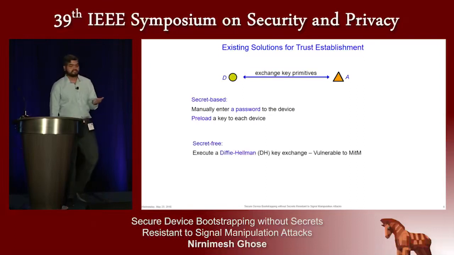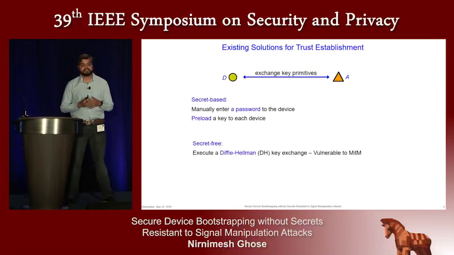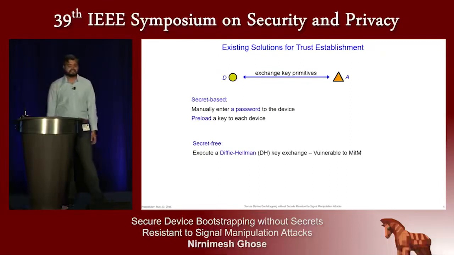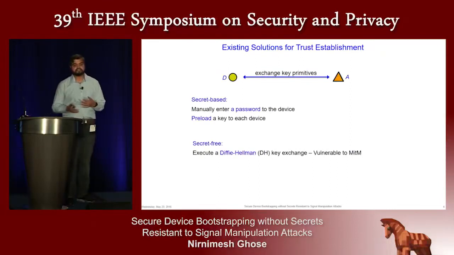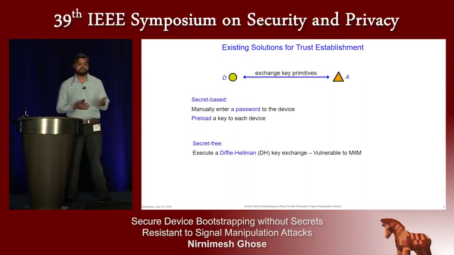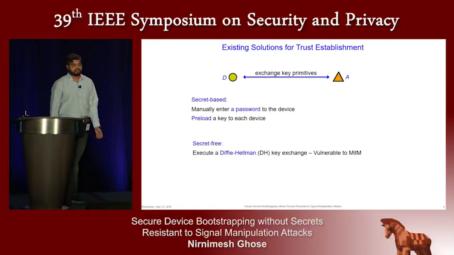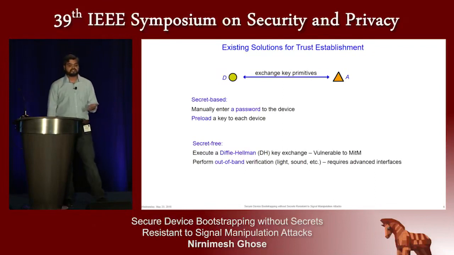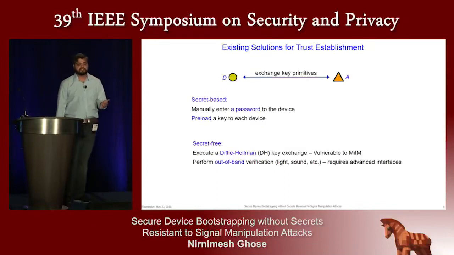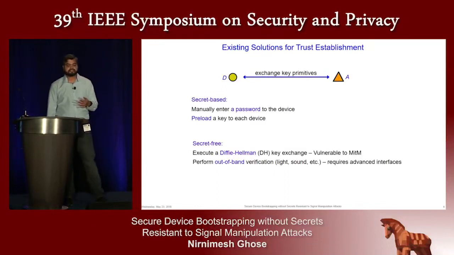Alternatively, there are some secret-free solutions, such as D and A doing a Diffie-Hellman key exchange, but it's known that due to missing authentication of these key primitives, it's vulnerable to man-in-the-middle attack. So to improve the security, researchers have proposed using out-of-band verification to do authentication, with modalities such as light, sounds, etc. But in this case, they require advanced interfaces.